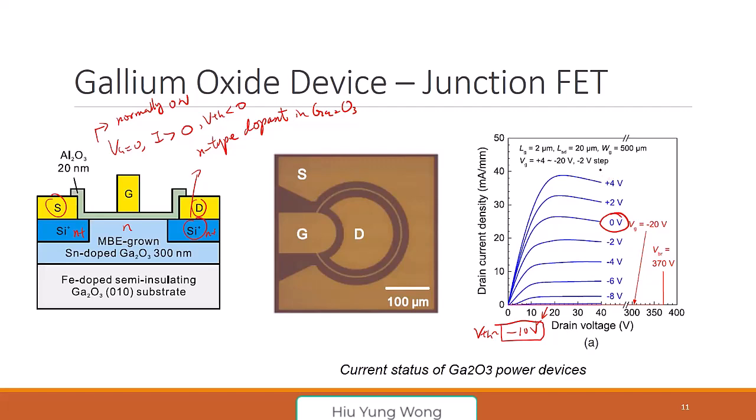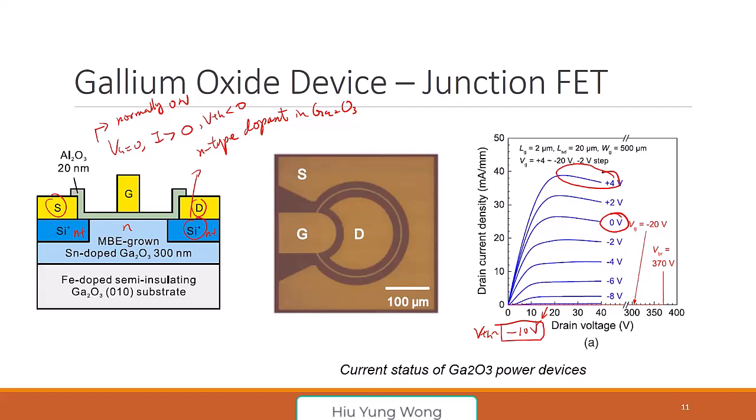Can someone explain to me what is this? Why, when I increase the drain voltage for the same gate bias, is the current smaller? Is it possible? Professor, that is gate voltage.